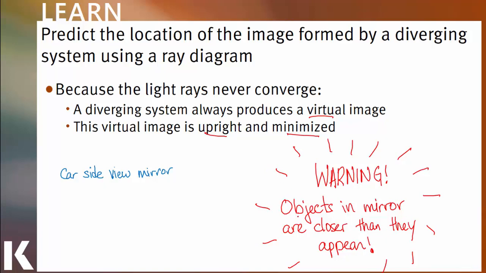So this warning that states that the objects are closer than they appear is another way of saying that the object's image is minimized. And of course, it being a side view mirror, the images you see are upright. Before we move on to our next slide, I do want to give you one mnemonic. Car side view mirrors, such as those on SUVs, are diverging mirrors. Therefore, the image will be smaller, upright, and virtual.